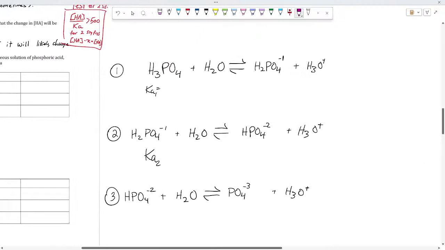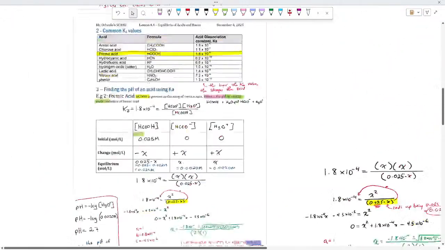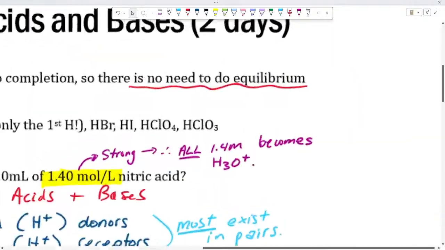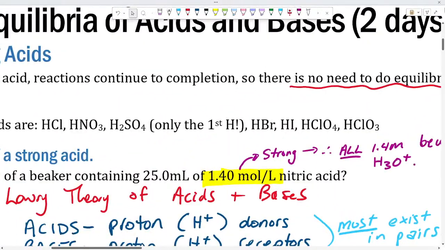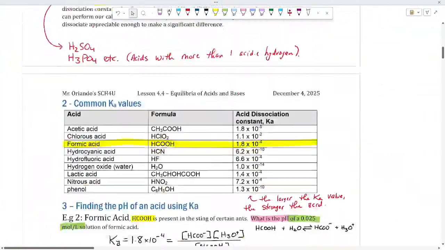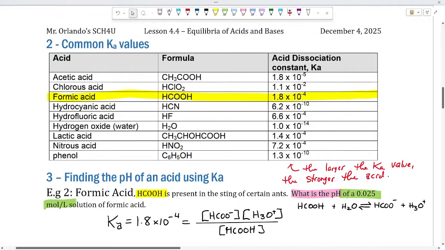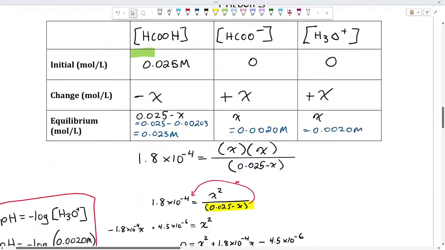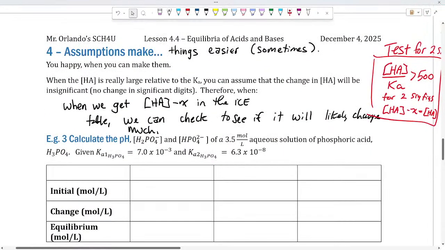Anytime you have a polyprotic acid, this is going to happen lots. In fact, we could check to see if it's one of our strong acids. It's not. So it's not going to happen completely. But if you look, we can probably find Ka values for it. They're not on that chart, so I must have given them to you in the question. And I did. Does that make sense?